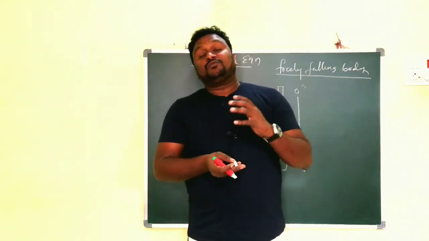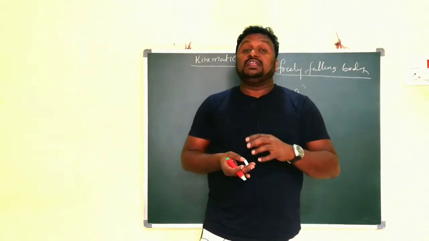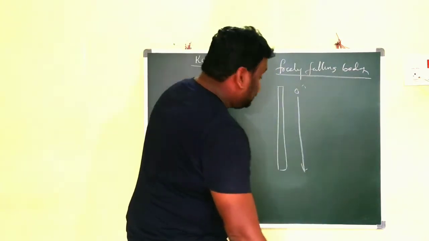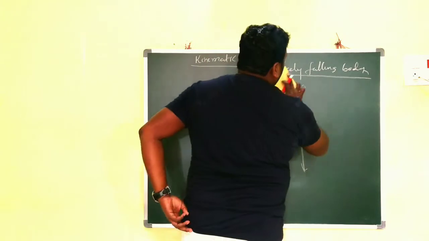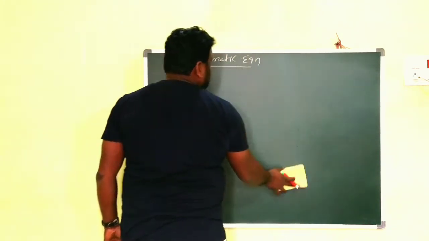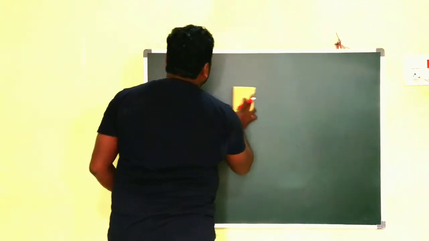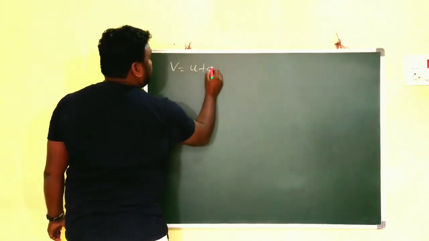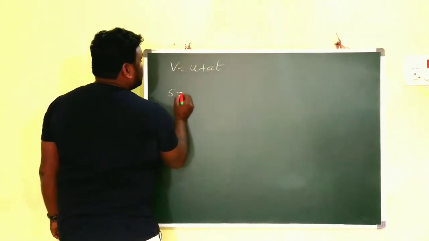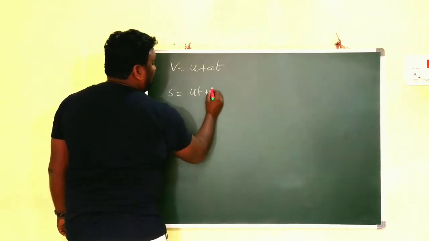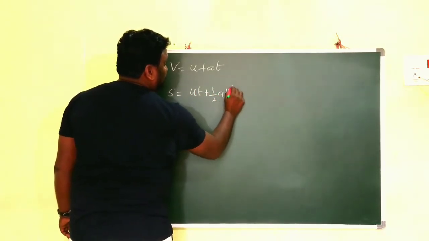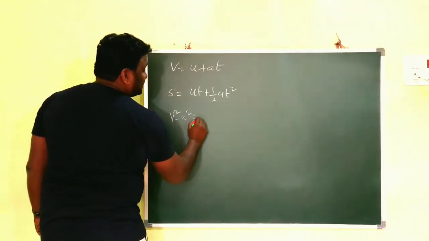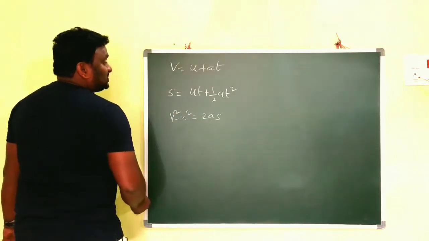So children, for a freely falling body, how will you write the equations of motion? Let's go for that. In the previous video I explained there are 4 equations. The first one is v = u + at, and s = ut + ½at². The third equation, v² − u² = 2as.